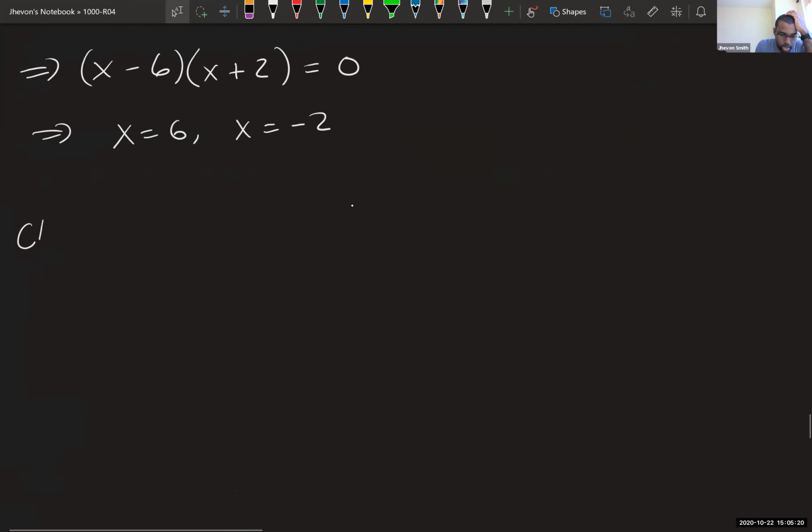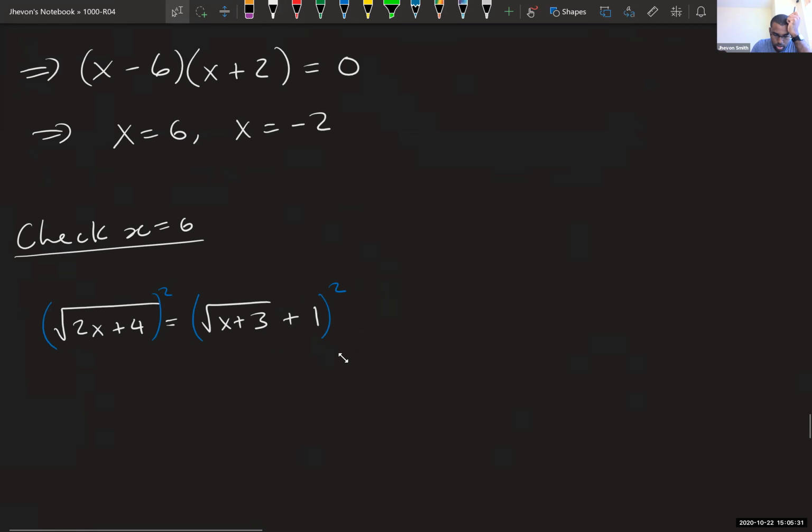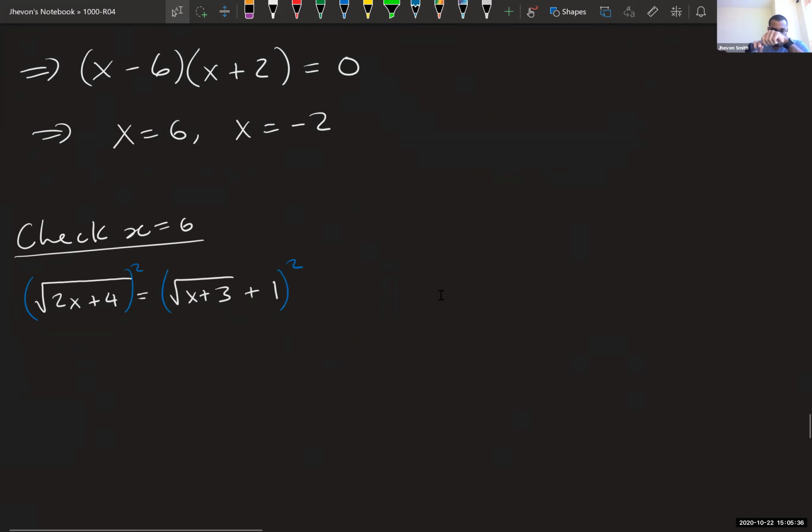So you're going to check x equals 6. Let me repeat this here. So if I check x equals 6, this part here is going to be the radical of 2 times 6 plus 4.